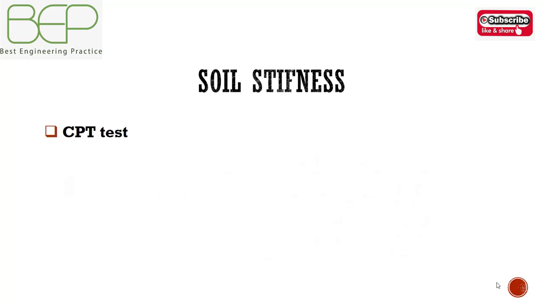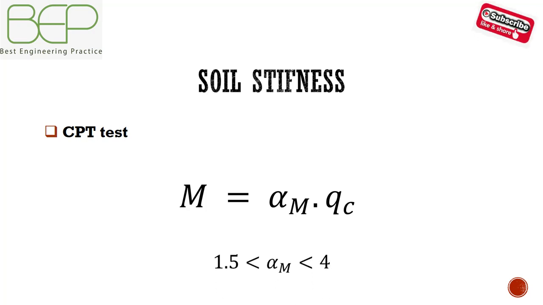Stiffness can also be estimated from CPT tests. Correlations for the effective constrained modulus have been expressed in the following, where the value of alpha m is often stated to range between 1/2 and 4.